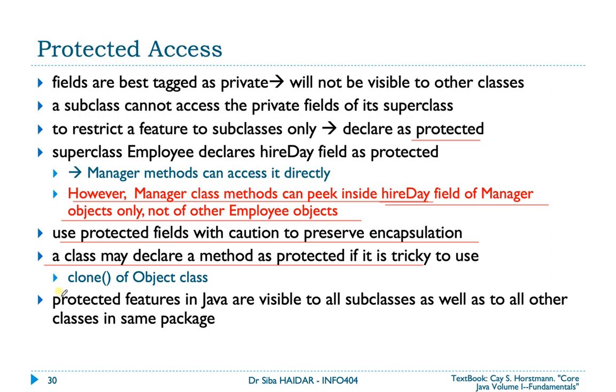We will see this in detail when we explain the method clone of the Object class in the next chapter. We will now explain the Object class, but we will omit only the method clone. We will see it in the next chapter. So please remember this explanation I have done now in order to refer to it later. Protected features in Java are visible to all subclasses as well as to all other classes in the same package.